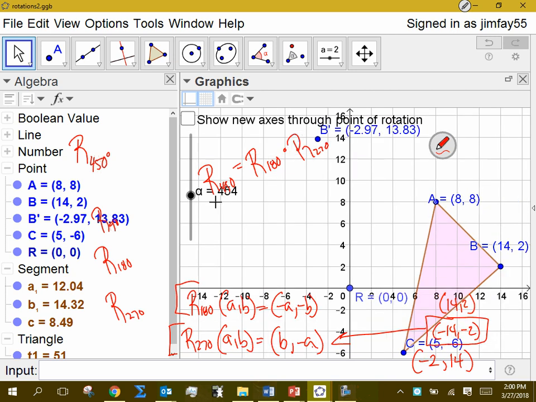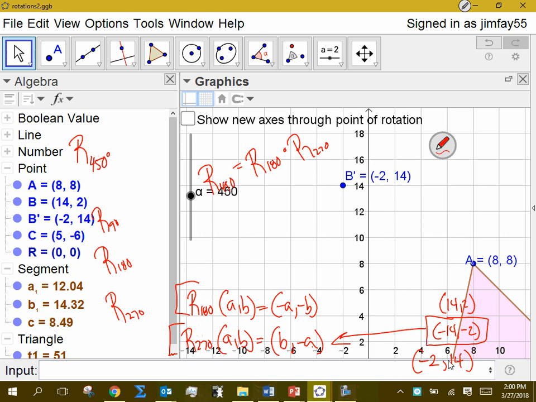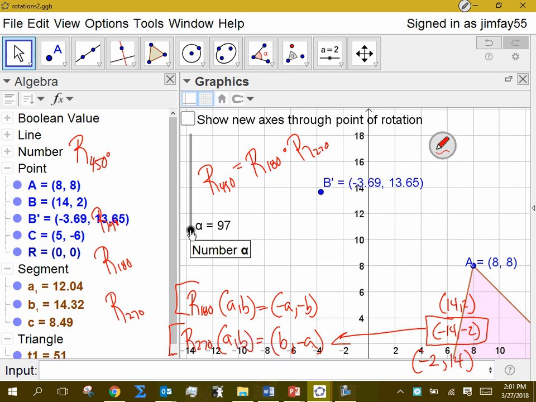Just a second. So it does get me to that point, (-2, 14) that we said, right? Is that the same as rotating 90 degrees? Yes. Okay. So your approach is fine.